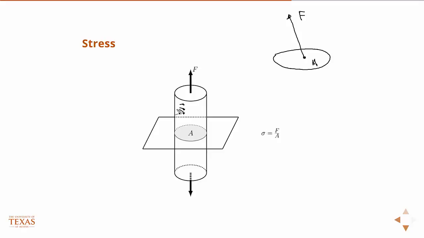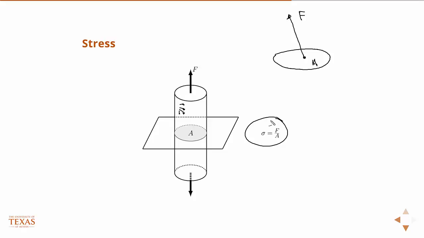Each little individual point would have its own value of stress. Okay? Its own characteristic value of stress. Now it turns out, in the case that I've drawn, the stress is uniform everywhere.